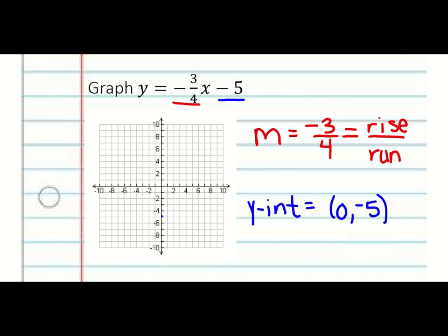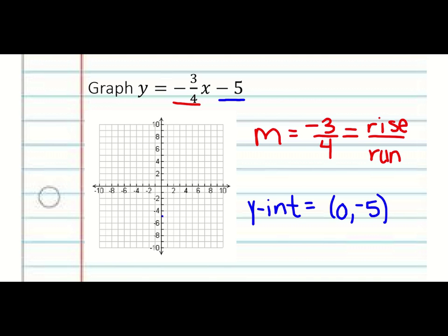From my y-intercept that I just plotted, if I rise -3, that means I need to go down 3. So I'm going to count 3 down. And then I have to run +4, so I'm going to go right 4 units. And right there where my cursor has landed, that's where I'm going to put my next point.